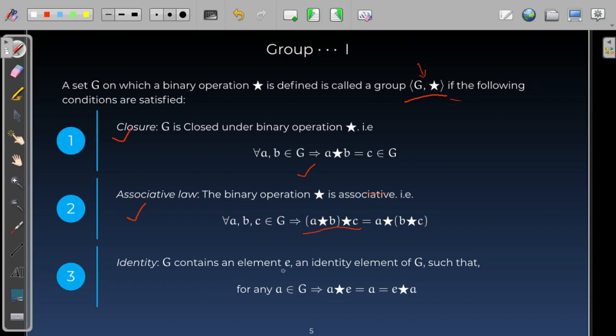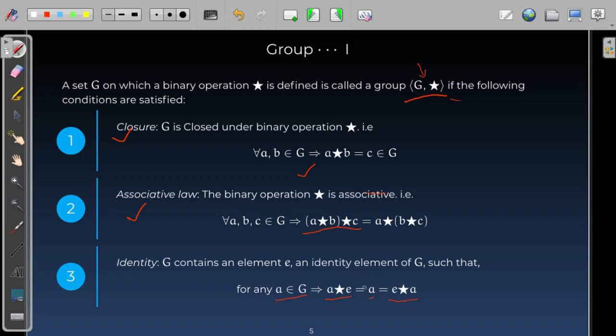G contains an element E, an identity element of G, such that for any A element of G, A star E is equal to E star A, and that is equal to A. So the identity element doesn't change the element.